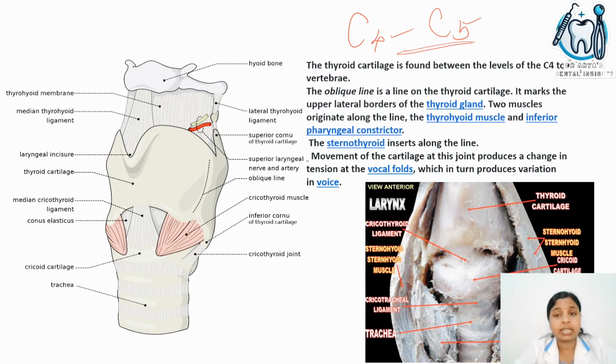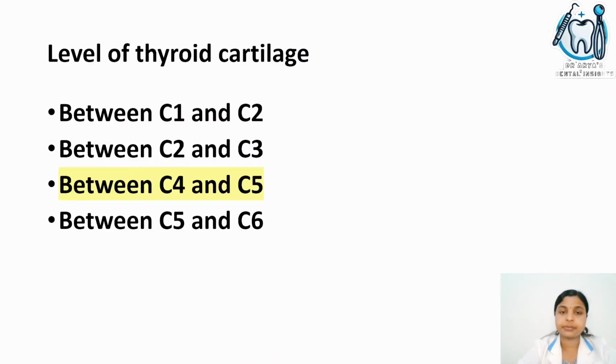Movement of the cartilage at this joint produces a change in tension at the vocal fold, which in turn produces variation in voice. So this is the larynx, the thyroid cartilage, the cricotracheal ligament, the trachea, and the cricoid cartilage. What is the answer? It's between C4 and C5.